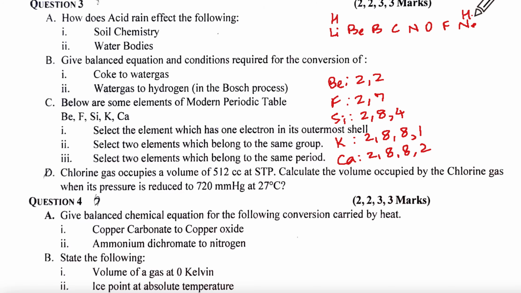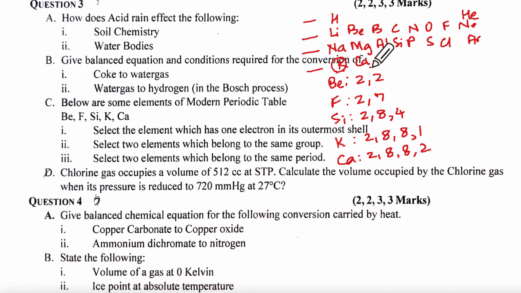You write this, you have to know this by heart. You know the mnemonic. And then, did you understand? So now you will know this is what? Period 1, period 2, period 3, period 4. So this will be 2, 8, 8, 1. This will be 2, 8, 8, 2.